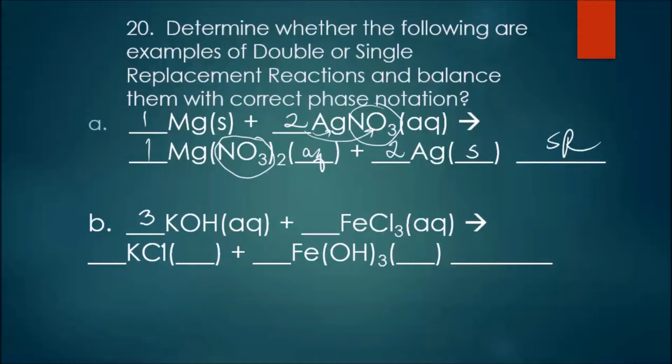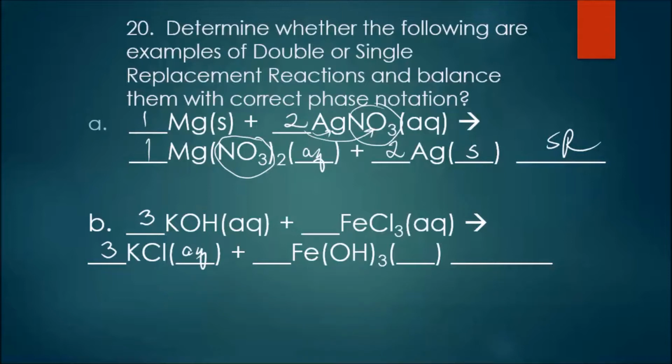Is it balanced now? All right, look on your solubility chart. KCl. Is K up there? Is K on the left? Nope. So look on the bottom. Is K an alkali metal? Yeah. Okay, so all alkali metals are AQ.